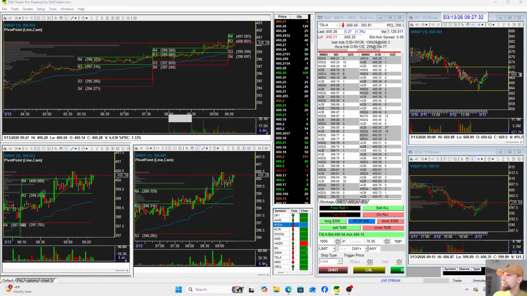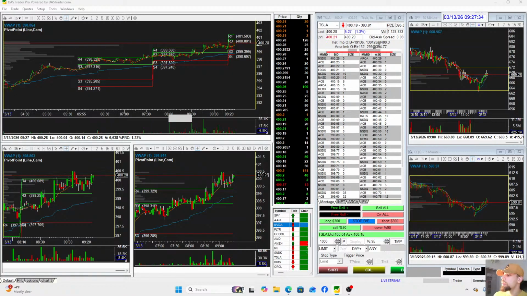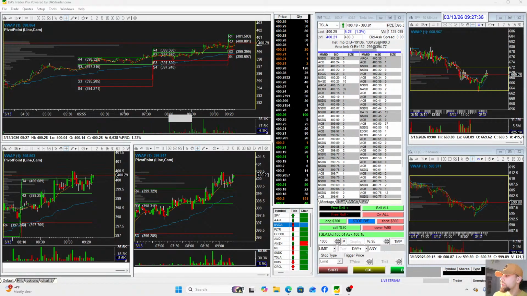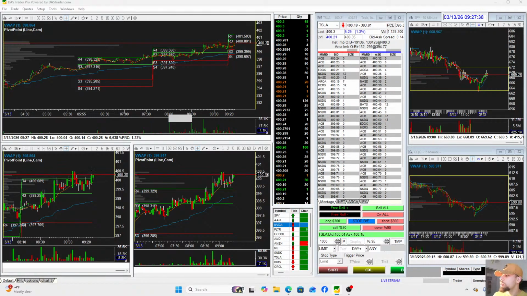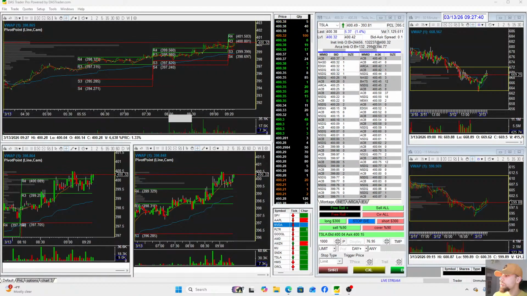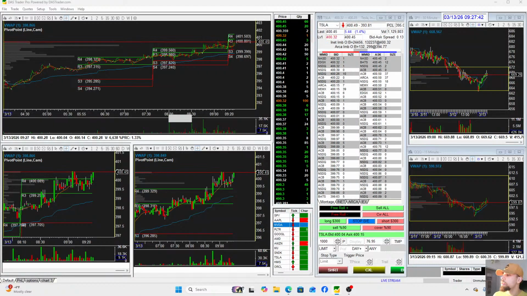We have 3 minutes until the open. Go more towards the bottom of the high range.